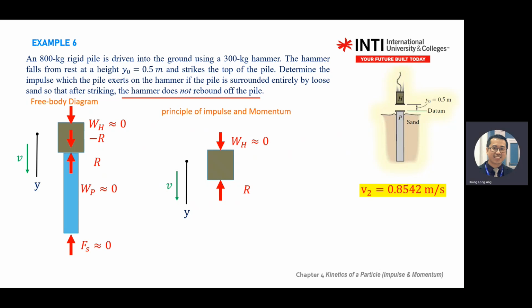You zoom inside the individual body, and then you freeze the time. So, you look at the hammer. The weight of the hammer we ignore, and the resistance goes inside there. When the hammer is hitting the pile, the pile will have a force pointing into the body of the hammer. All right.